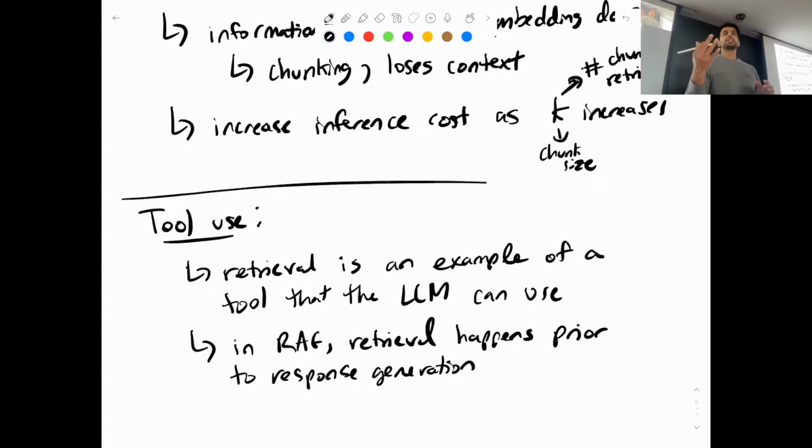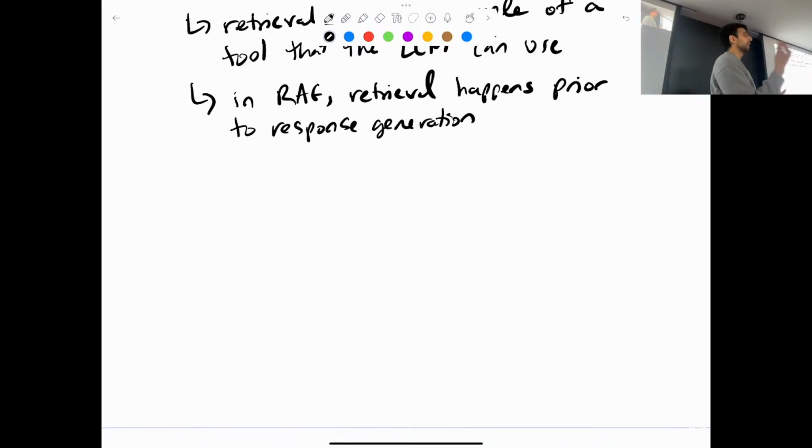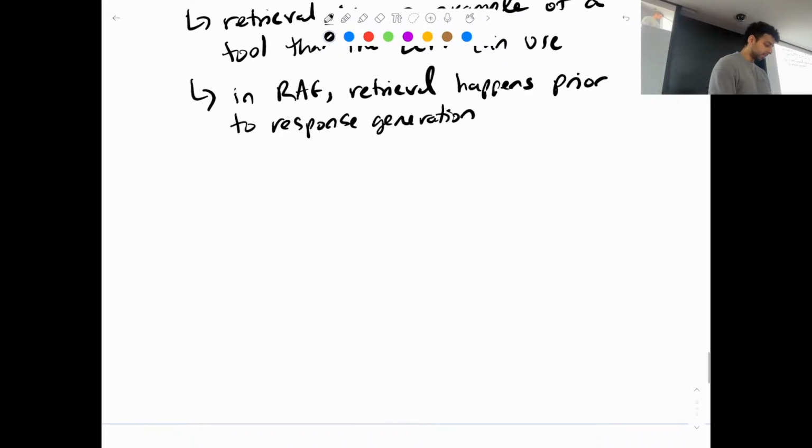So the LLM is not really acting as a controller of when to retrieve, right? It is part of a pipeline where retrieval happens and then generation happens. But we can give the LLM a little more control over when it chooses to activate these tools that you can give it access to.